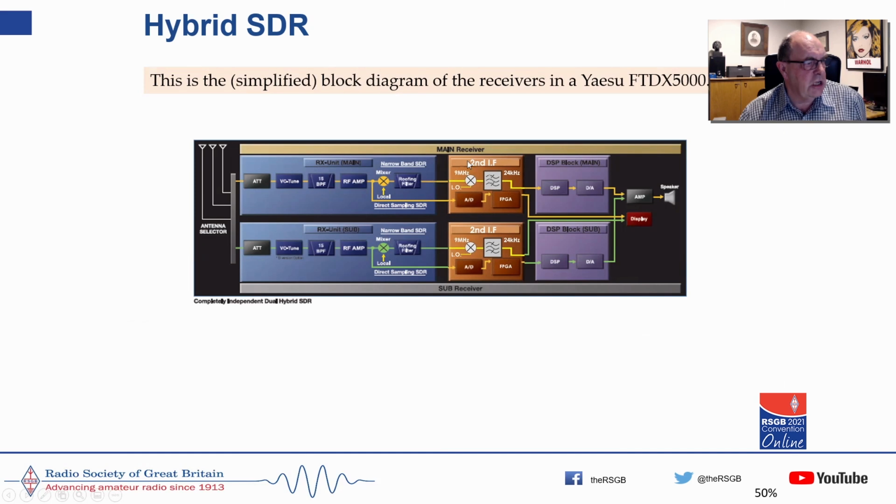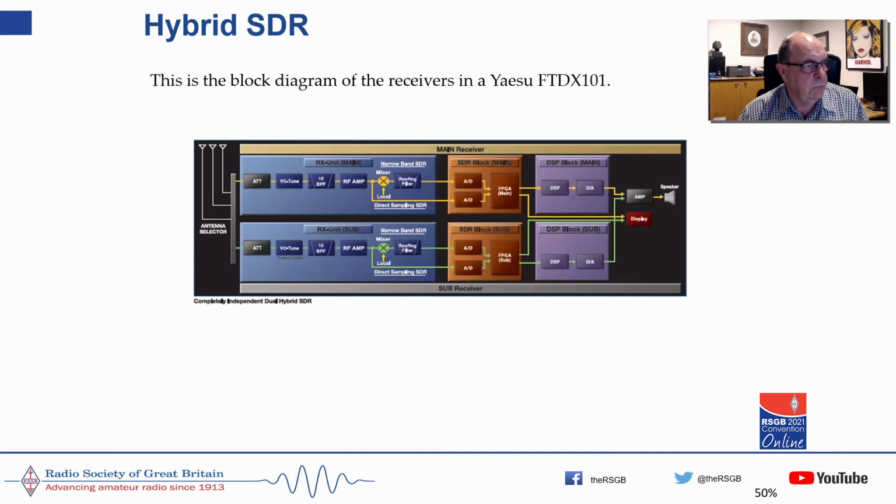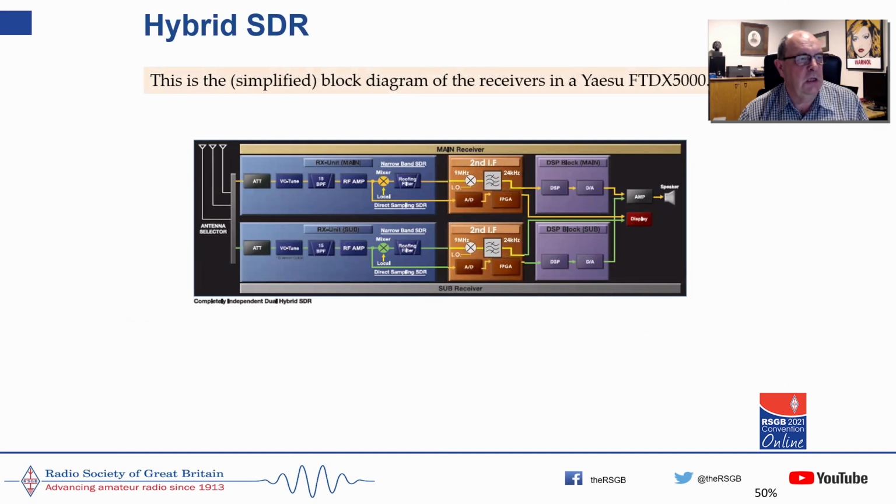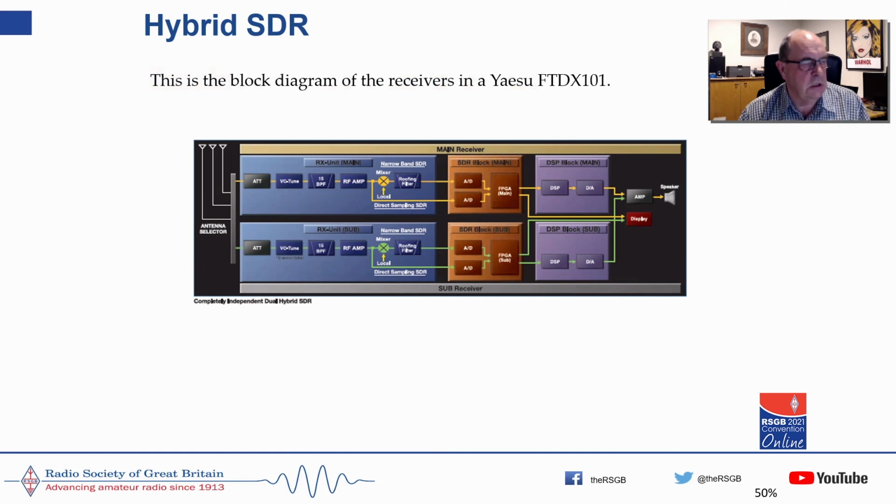And then there's a second mixer and local oscillator to mix from the 9 megahertz IF down to 24 kilohertz for the DSP. So it's not significantly different really to the FTDX 101. That's the FTDX 101, and that's the FTDX 5000. That's not an SDR, and apparently that is an SDR. So I'll leave that up to you to work out, because I find that a little bit confusing.